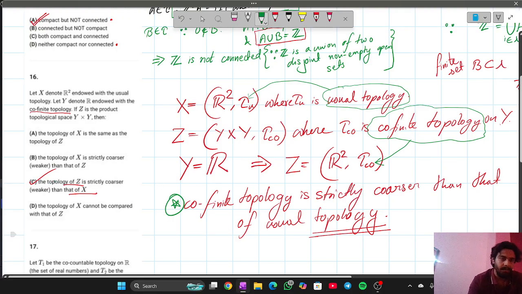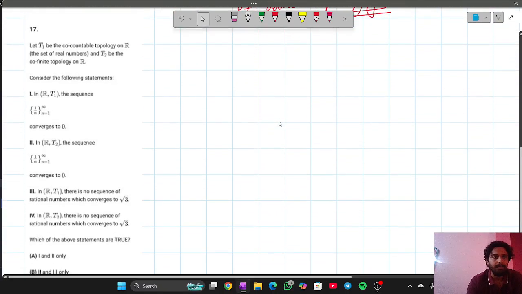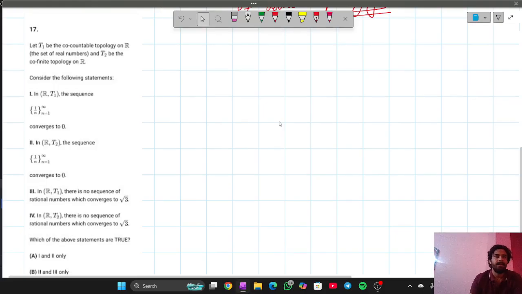Okay, now let's go to question 17. Okay, so in question 17 it is given that T1 is the co-countable topology and T2 is the co-finite topology. Okay, so there are two things given in this. One is co-countable topology, another is co-finite topology.